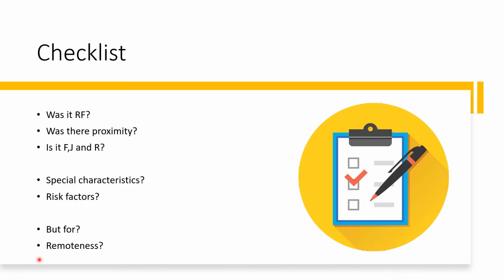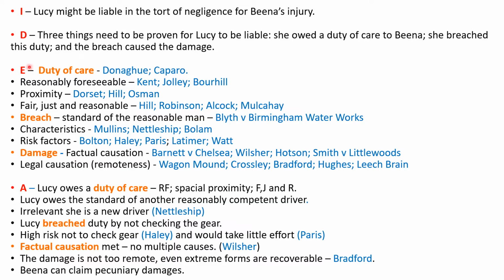And it's useful to go through your scenario with a highlighter and highlight looking for these particular elements. And then you're going to need to go through a step-by-step answer using that idea formulation. So we need to identify our defendant and our claimant.